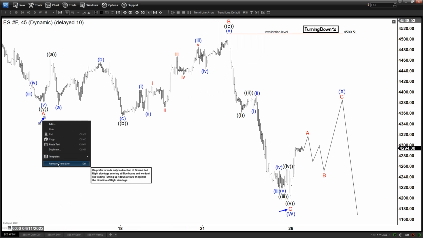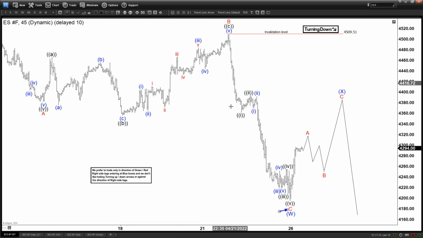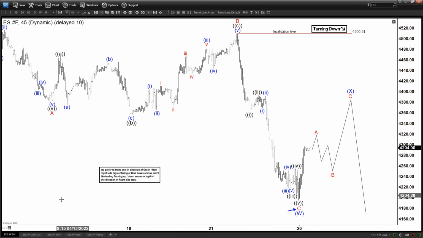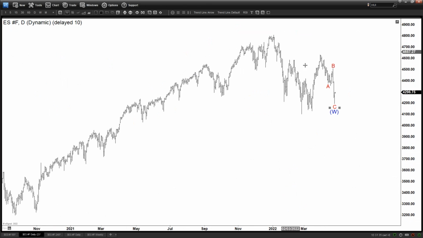Now remember this A, B, and C ending W. I will transfer these labels into the daily time frame to get an idea of the larger degree. So this is the daily time frame. Now again, we have all the complete labels in our service.